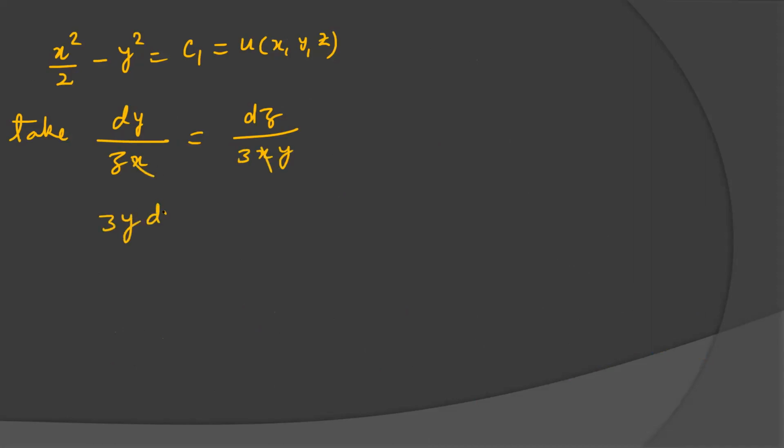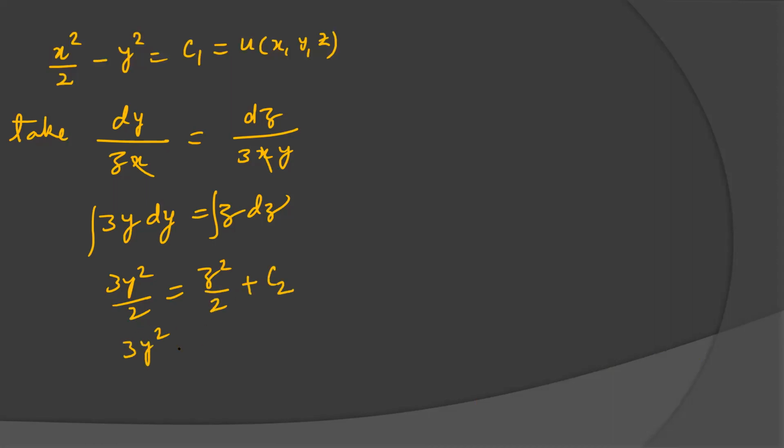So 3y dy equal to z dz. And if we integrate, it is 3y square by 2 equal to z square by 2 plus one constant c2. So it is 3y square by 2 minus z square by 2 equal to c2. You can use c2 by 2, then 2 will cancel out. Otherwise, no need. It's just v(x,y,z). So we have two solutions.